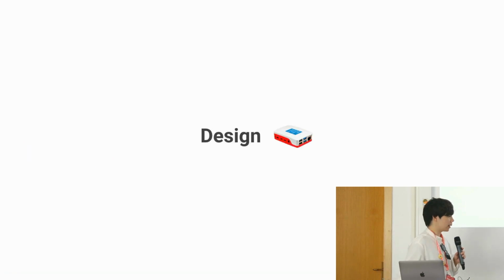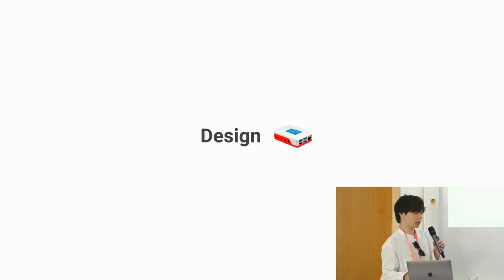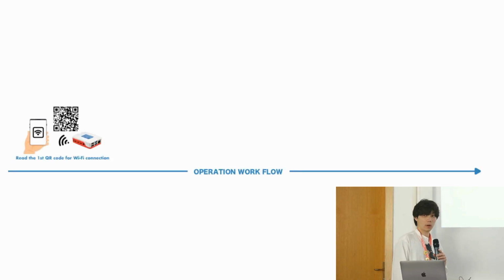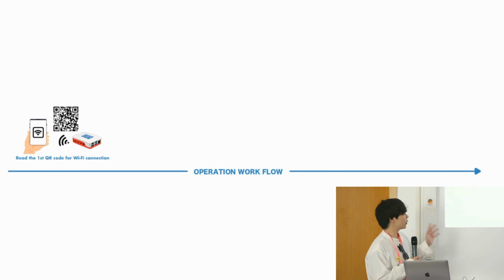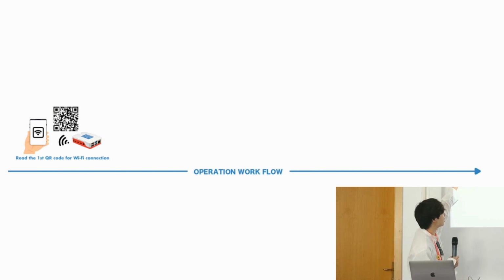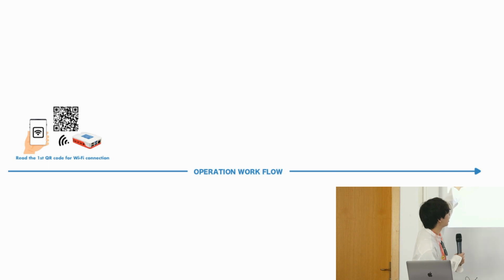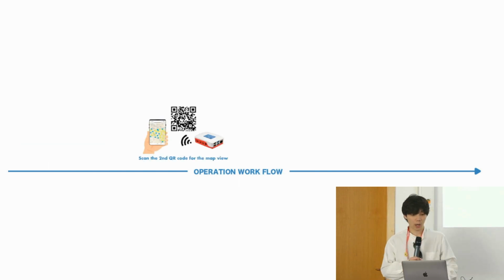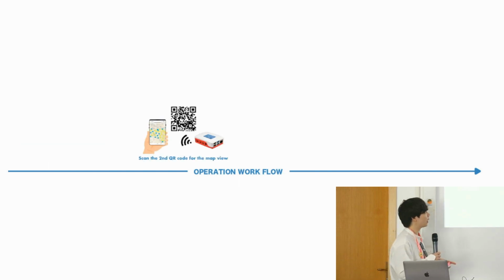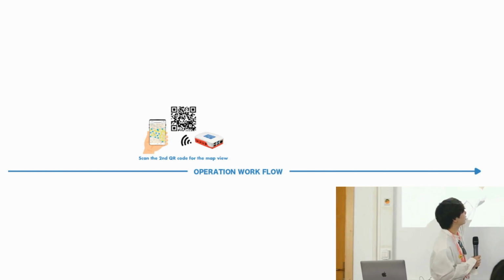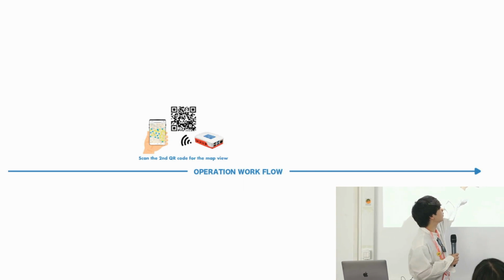So this is a technical introduction. Next I will show you how to use it. This is the UNVT Portable design. As you saw in the demo, you can scan the first QR code, which connects your smart device directly with the Raspberry Pi over Wi-Fi. And you can scan the second QR code, which takes your device to the HTML file on the Raspberry Pi.